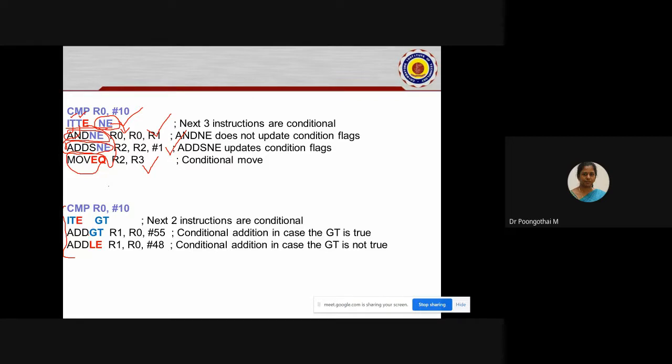I'm comparing this R0 with hash 10. If it is greater, the first instruction will be executed. If it is lesser, this will be skipped and this will be executed. Is that clear? Yes. Okay.